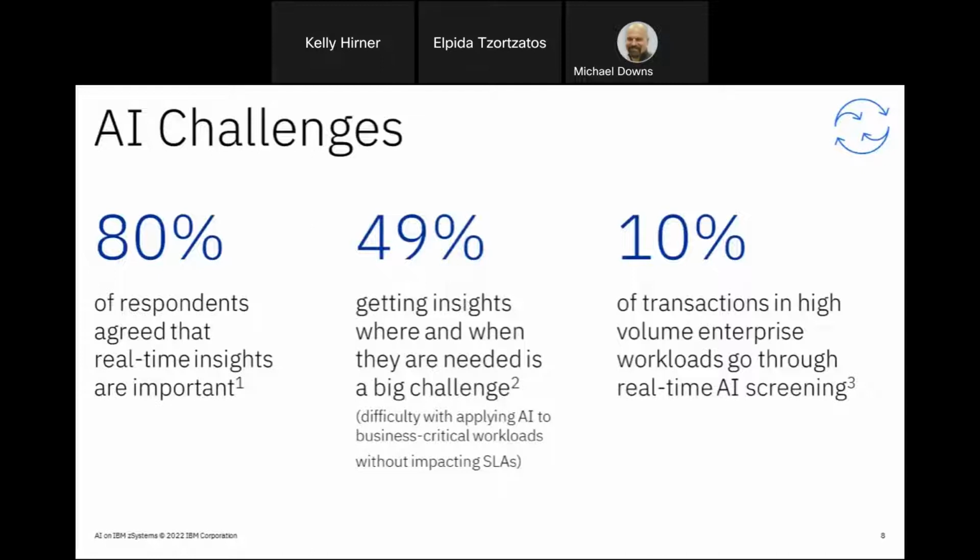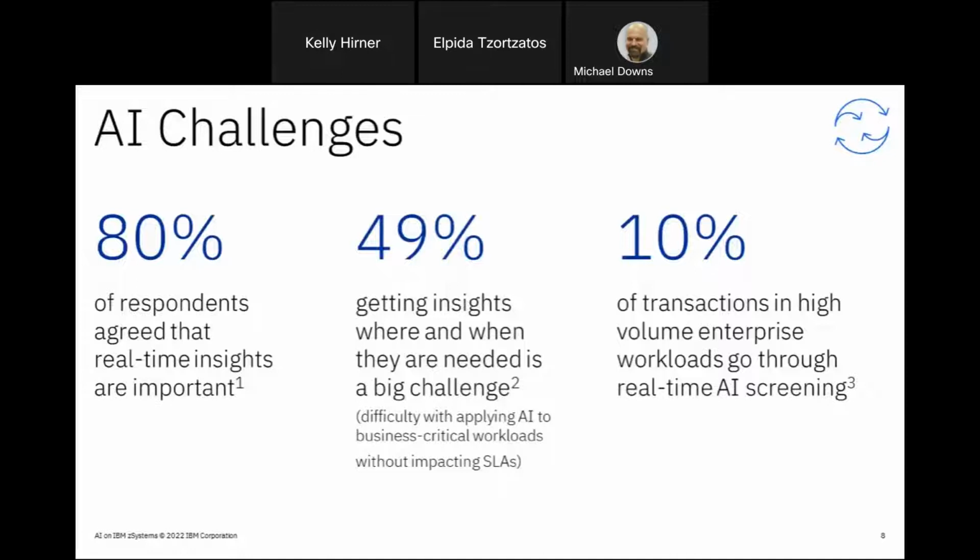And then from studies conducted by Celent and research done by many others, we found that in the state of the industry, with the AI infrastructure that clients had pre-z16, most clients were only able to score 10% of their transactions in real time.